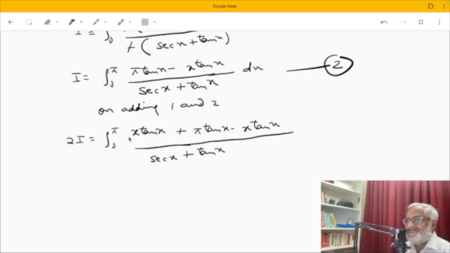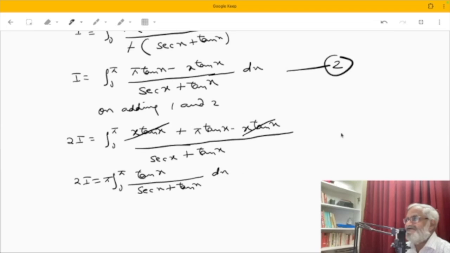x tan x negative, positive cancel, so twice I equals integral 0 to pi of pi tan x upon sec x plus tan x. So pi is a constant taken out, so our question becomes pi times the integral of tan x upon sec x plus tan x.